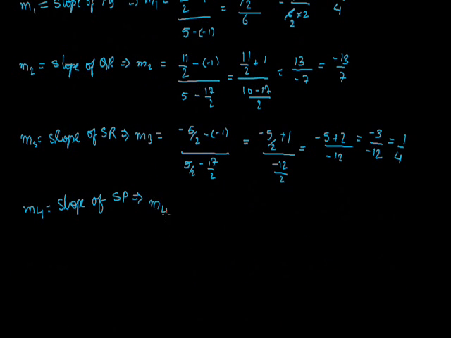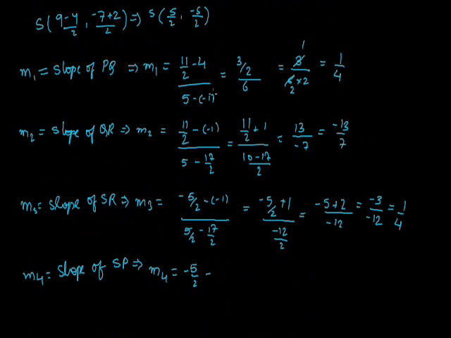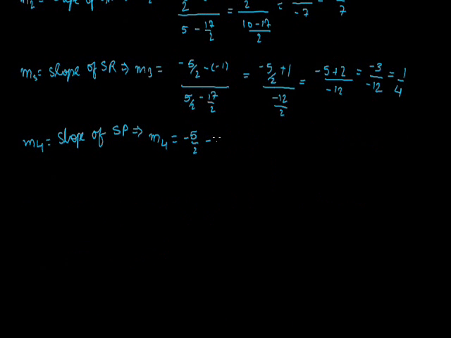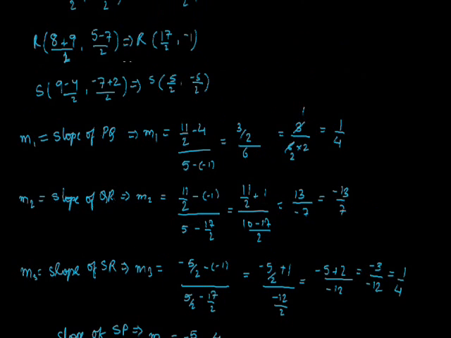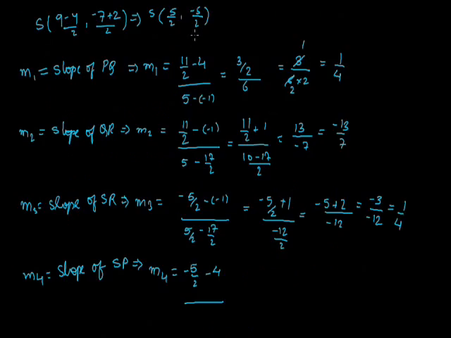We'll have M4 equal to the y coordinate of S, that is -5/2, minus the y coordinate of point P, which is 4. So I need to take over here 4. So this value is equal to 4 upon the x coordinate of point S, which is 5/2, minus the x coordinate of point P, that is -1.